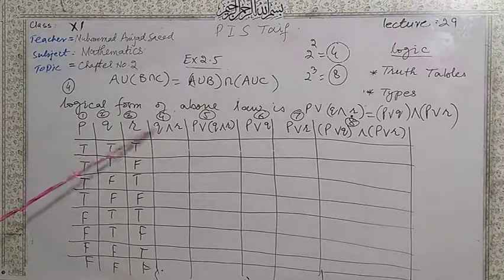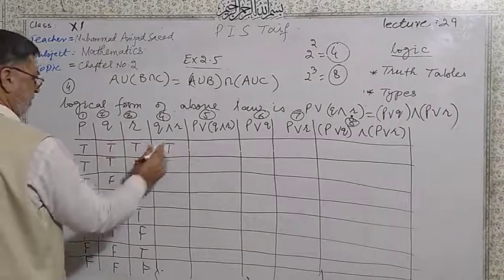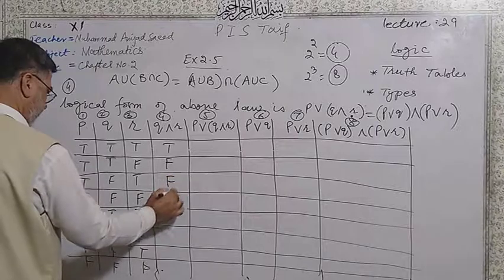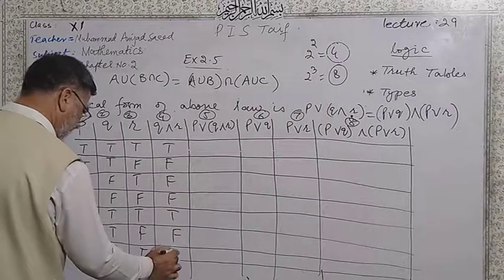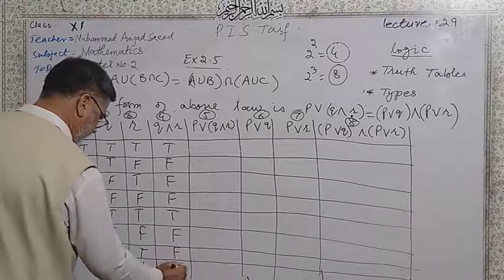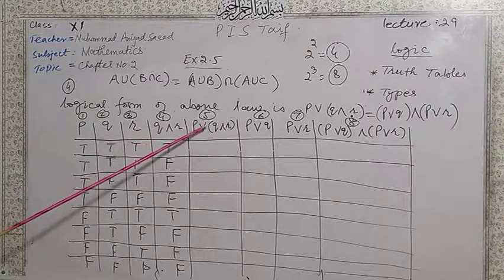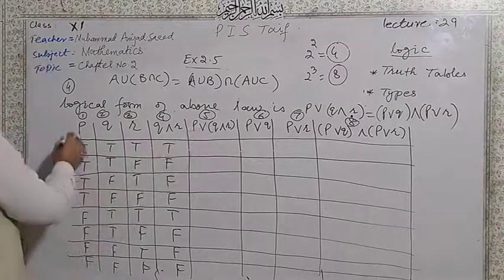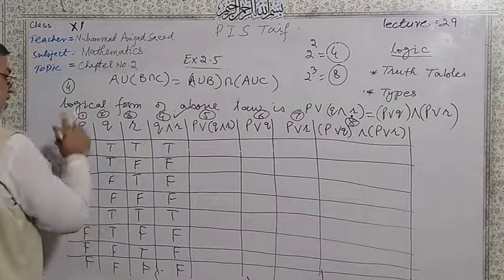Q ∩ R means intersection. This is T, F, F, F, T, F, F, and F. Now P ∪ Q means union, and P ∪ R. Take this P and this Q ∩ R, union.